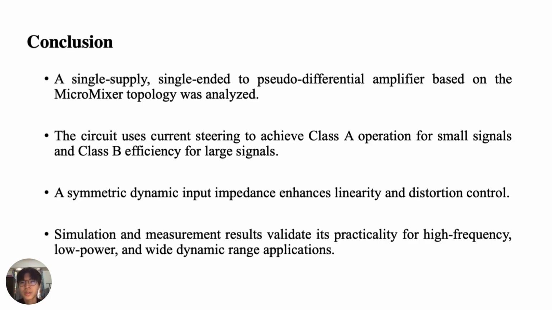At small signal levels, the amplifier exhibits Class A-like operation with good linearity and symmetric output currents. As the signal amplitude increases, the operation smoothly transitions toward Class B-like behavior, improving efficiency while maintaining functionality under large signal conditions.